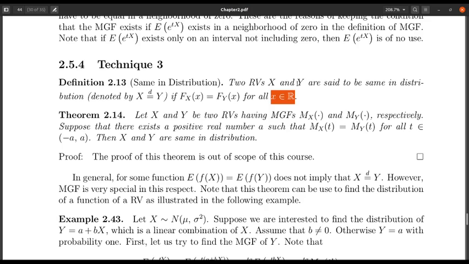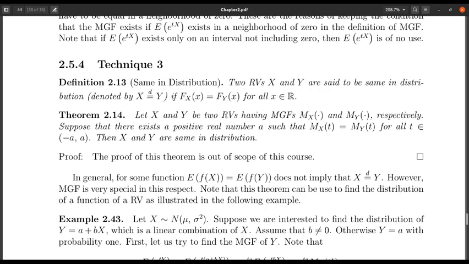In other words, we sometimes say that X and Y have the same distribution. Clear? So same distribution means the distribution functions are the same over the whole real line. And the notation we are going to use is that X and Y are equal in distribution.